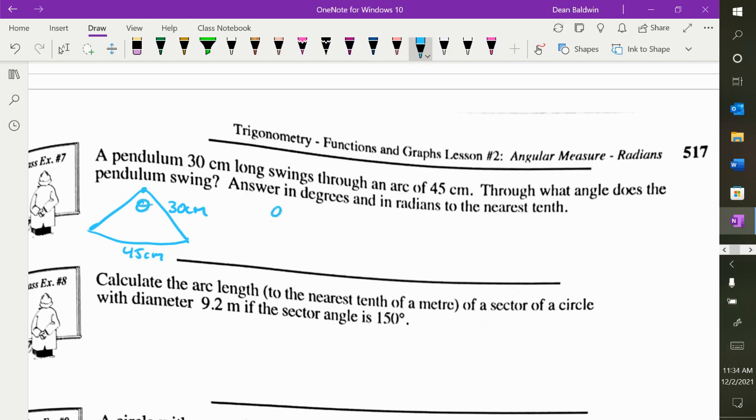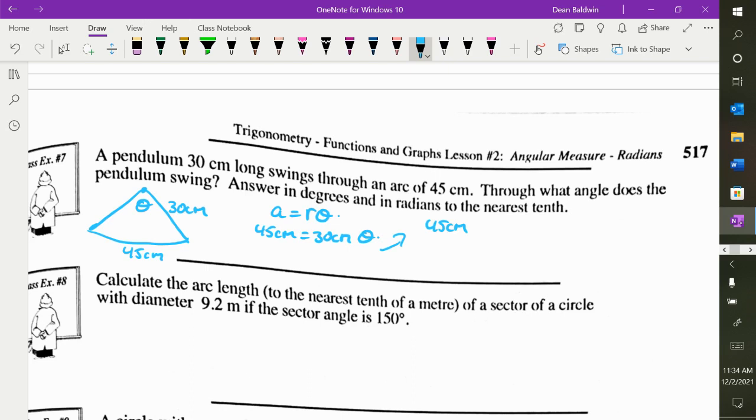Theta. A is equal to R theta. Yeah, that's the formula. What are we solving for? Theta. So plug in everything and solve for theta. Your arc length is 45. Your radius is 30.